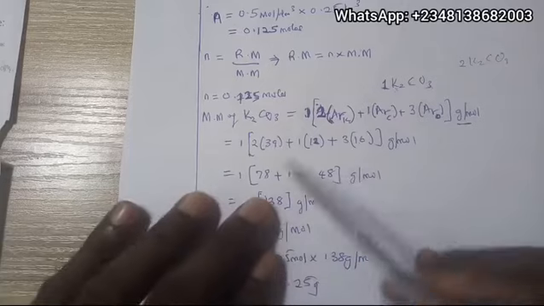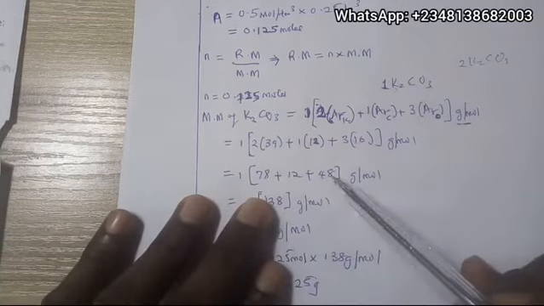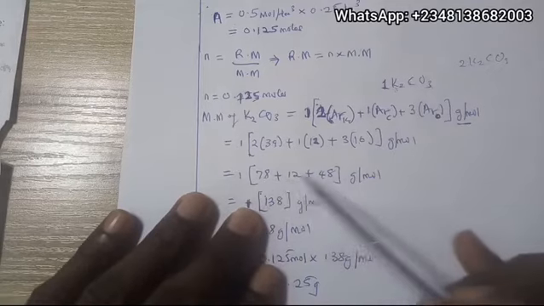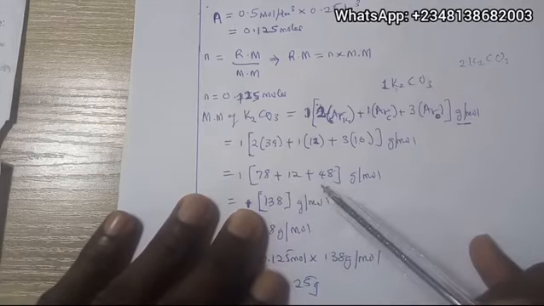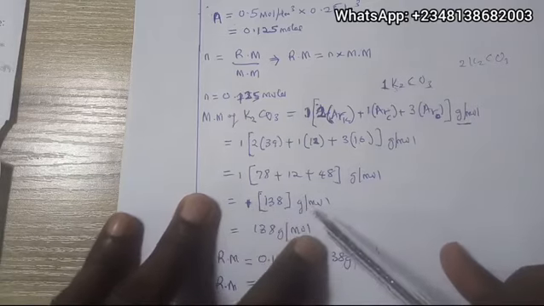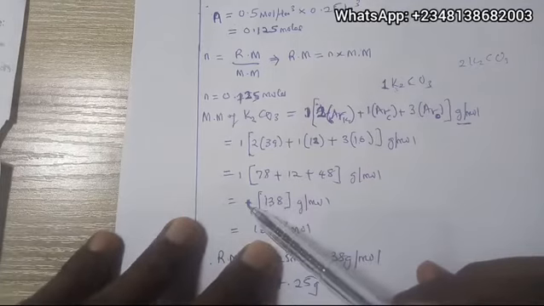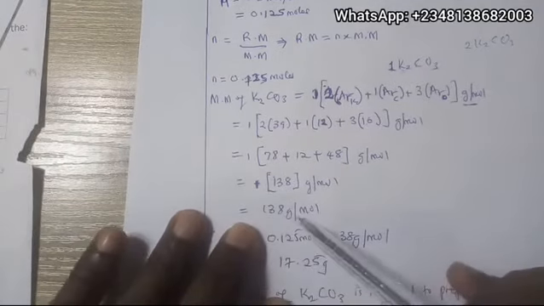We add everything. This will give us 78, this will give us 12, and this will give us 48. If you add everything in this bracket, you have 138. Remember the 1 here: 1 in bracket 138 gram per mole.